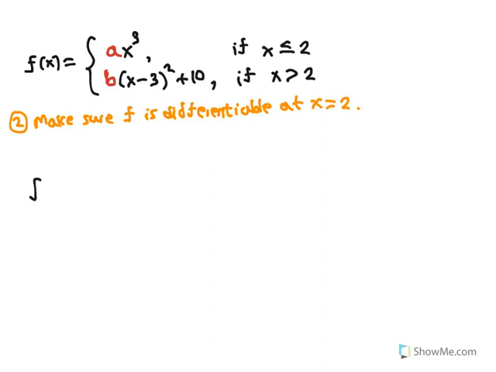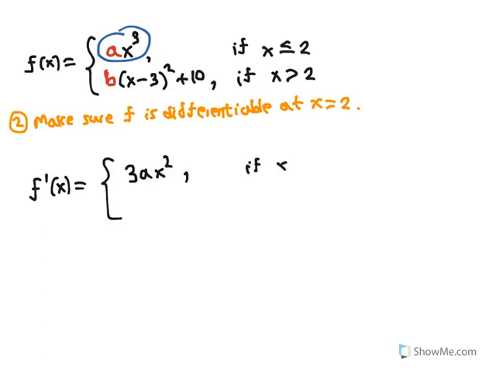And the way we can do that is by taking the derivative of the function one piece at a time. So take a look at our first piece. We have ax cubed. We can use the power rule to take the derivative, and we will have 3ax squared.